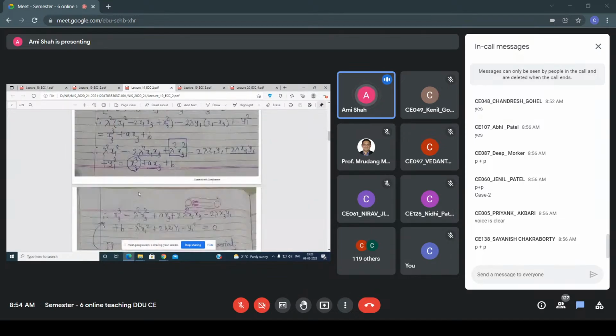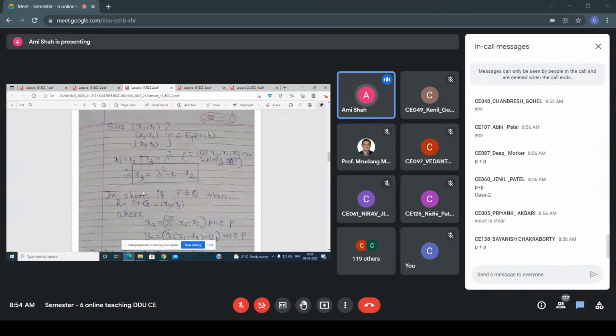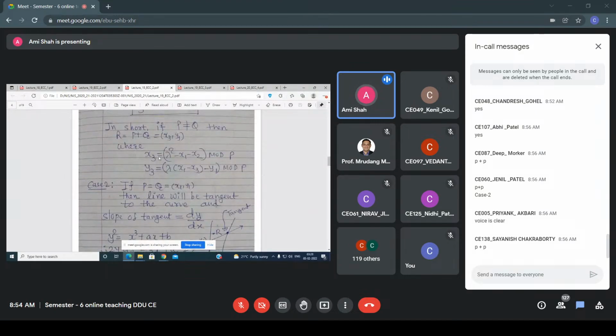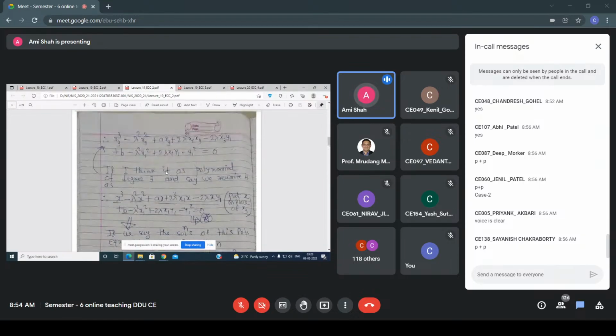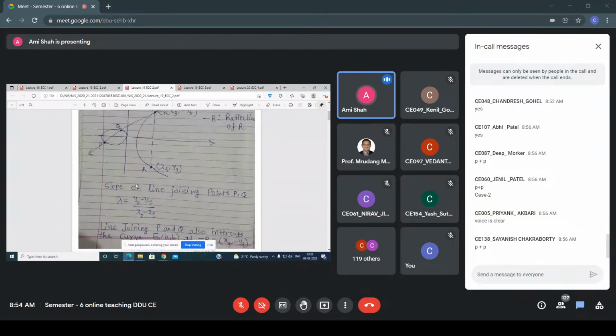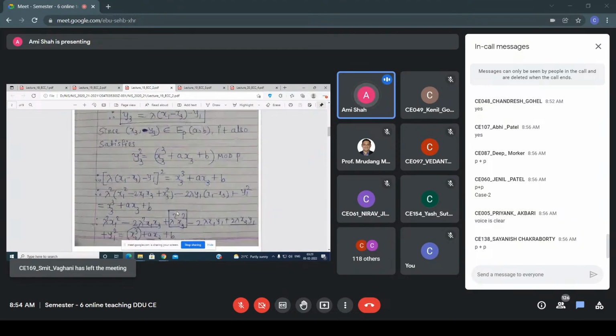In that scenario, to calculate the third point (x3, y3), remember this formula: x3 equals lambda squared minus x1 minus x2 mod p, and y3 equals lambda times (x1 minus x3) minus y1 mod p, where lambda equals (y2 minus y1) divided by (x2 minus x1). By using this formula you can calculate.